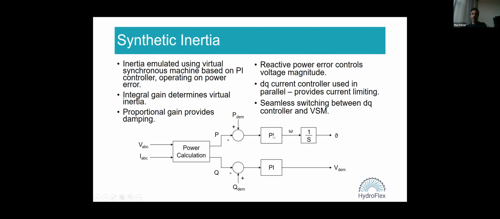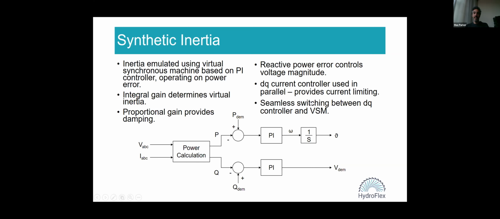A proportional integral controller isn't exactly the same behavior as a synchronous machine, but the integral controller generally determines the virtual inertia, and the proportional controller provides damping. And I know that in a synchronous machine, the damping level is usually fairly low, but with a converter, you might want much higher damping.